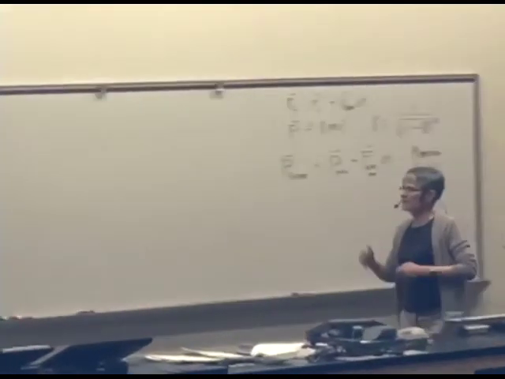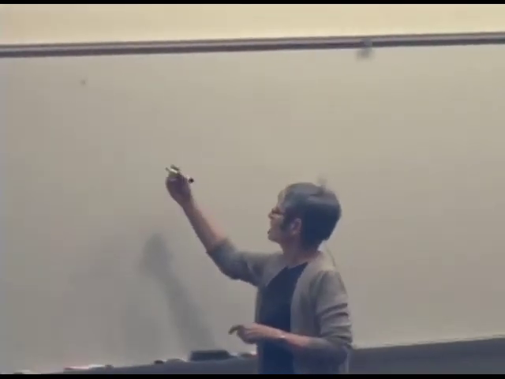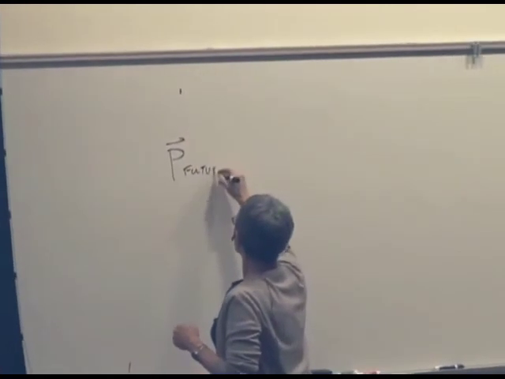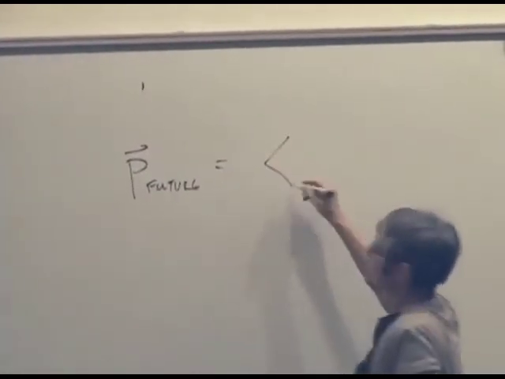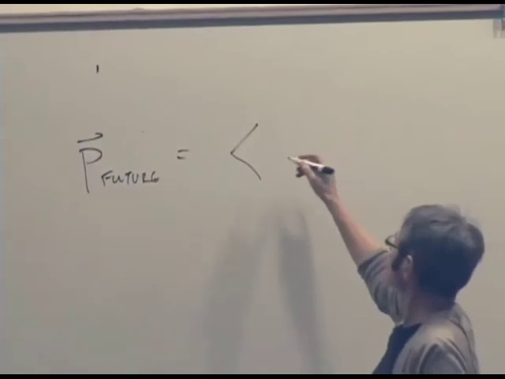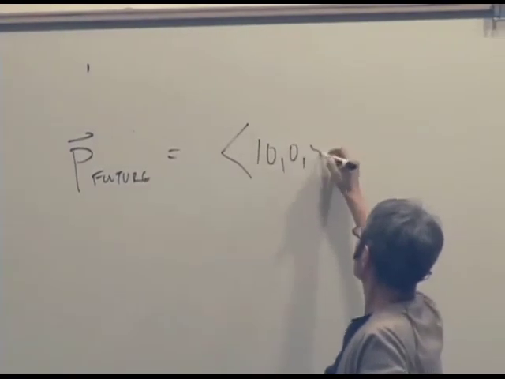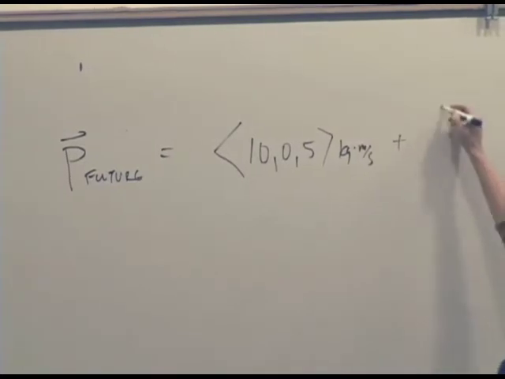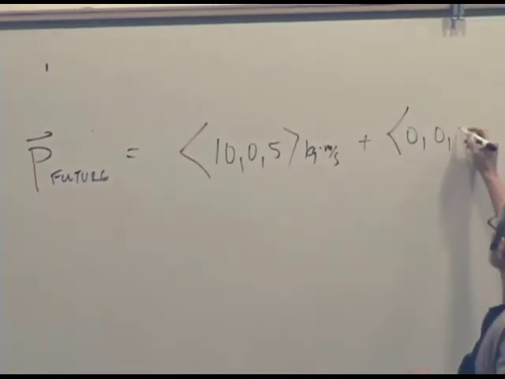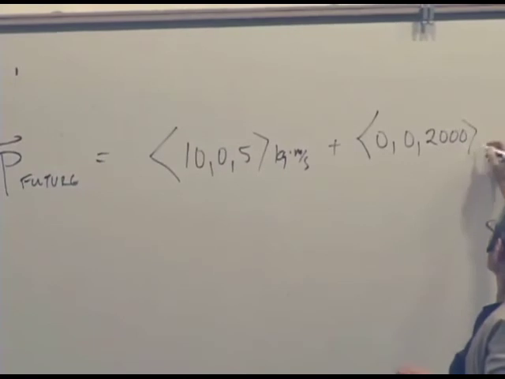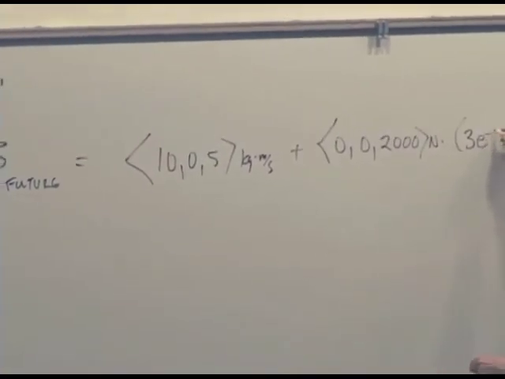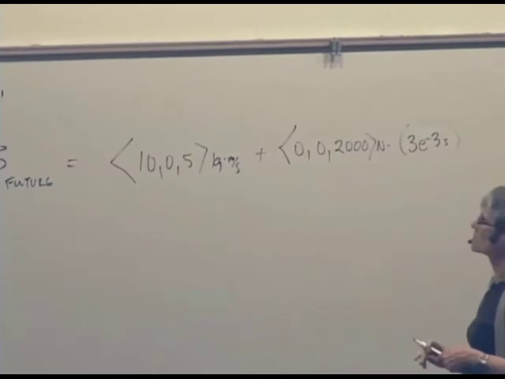So you said P future is the current momentum, which was 10.05 kilogram meters per second, plus the force, which was 2,000 newtons, times 3 times 10 to the negative third seconds.